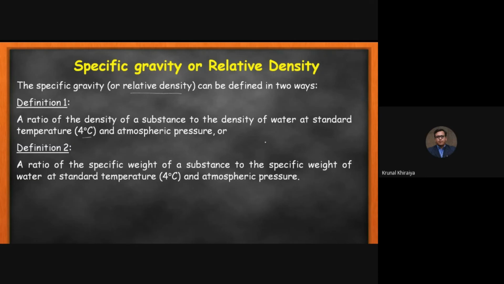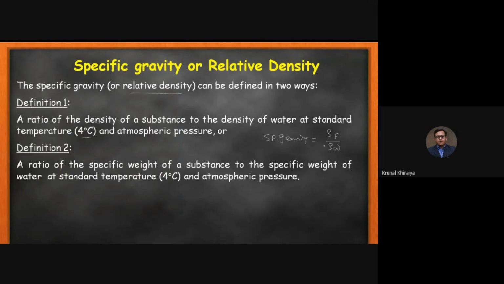So we can say specific gravity is the density of a given substance or fluid divided by the density of water. This is an important concept, and on the basis of relative density, we can identify whether the fluid is heavier or lighter than water.